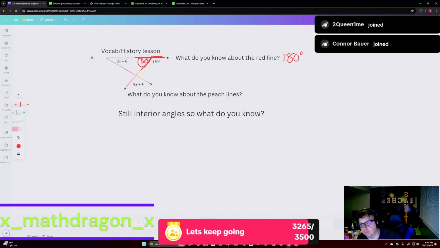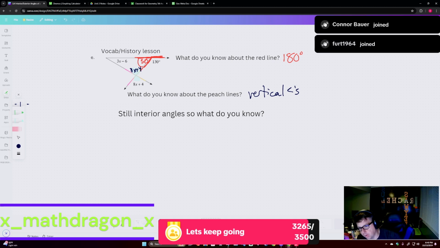Then these peach, hopefully you see this. Those are, I hope you said, vertical angles. And vertical angles are equal to each other, so I know this is going to be 8x plus 4 as well.